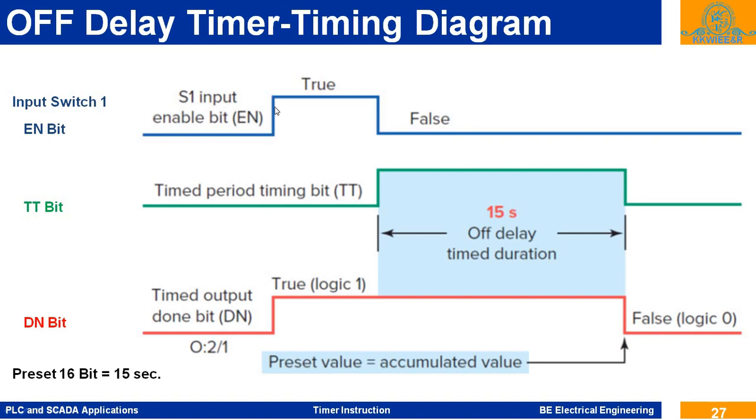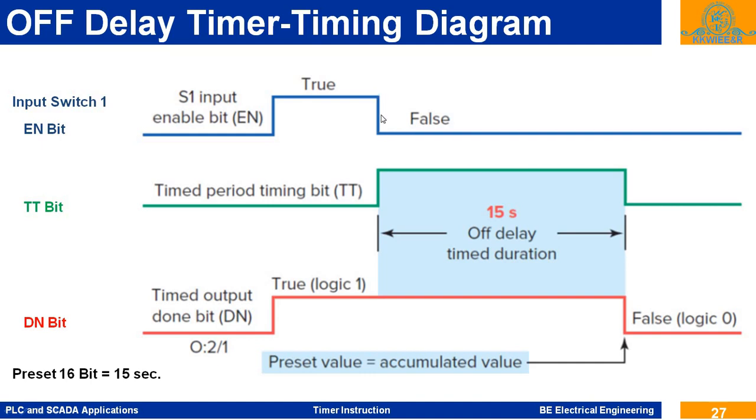So at this instant, the done bit is set. When the run condition is true, the done bit is set. Then we open the switch, so the switch condition or enable bit goes false or reset.